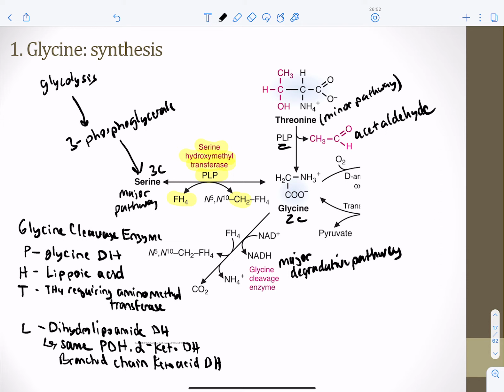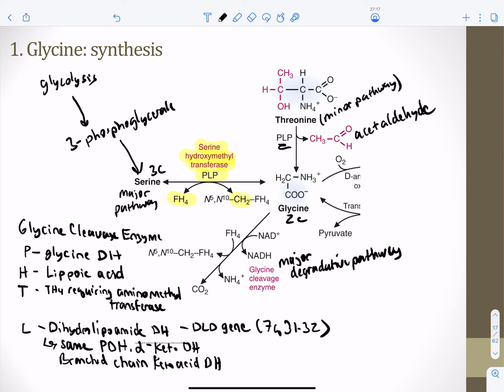So this L subunit is sort of redundant across all of these different complexes. Your L subunit has the gene DLD, and it's at the 7q31-32 position.